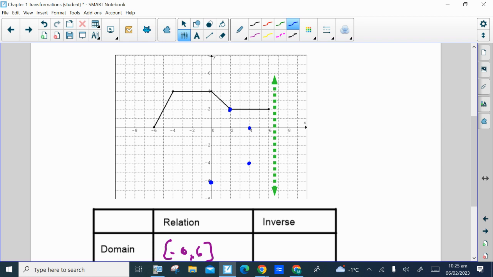That will be an invariant point because the point did not move to get there. Lastly, (6, 0) becomes (0, 6). Sorry, not (6, 0), (6, 2) becomes (2, 6).